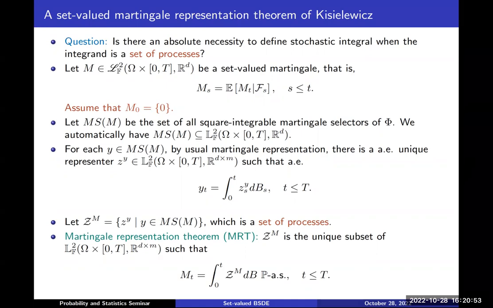Even if this doesn't make sense as a set-valued process, you can always integrate it because you have this decomposable hull tool. And now Kisielewicz was able to show that whenever you have a set-valued martingale whose initial value is a singleton, you can always represent it as a stochastic integral. Sounds very nice because we have a martingale representation theorem.